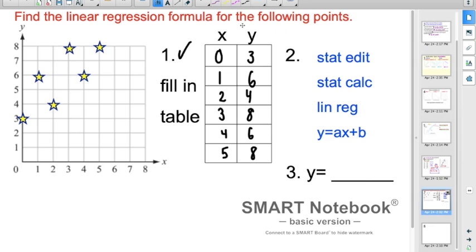Step 2, we got to put this whole thing into our calculator, into L1. Don't forget that our x is going to be L1, and our y is going to be L2. So go ahead and put that in the calculator.